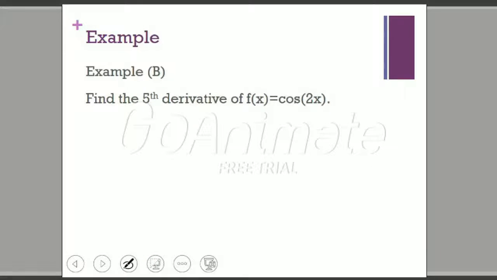And finally, let's find the fifth derivative of cosine 2x. So this is much more straightforward. For example, f prime of x would just be minus 2 sine 2x by chain rule. Oh, sine, sorry.